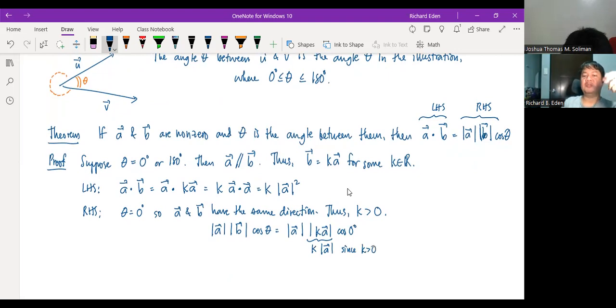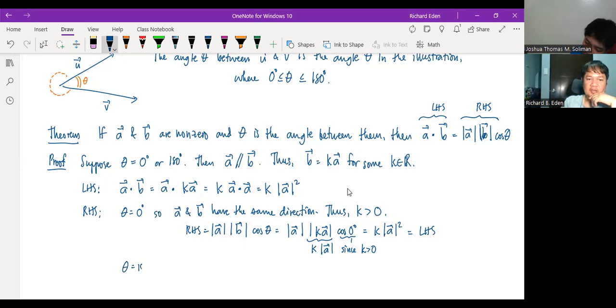You don't need the absolute value of k because k is positive anyway. And what is cosine of 0 degrees? That's 1. So we end up with k, and then the length of A times the length of A, so k times the square of the length of A. Observe that this started from the right-hand side and ends up being the same as the left-hand side.